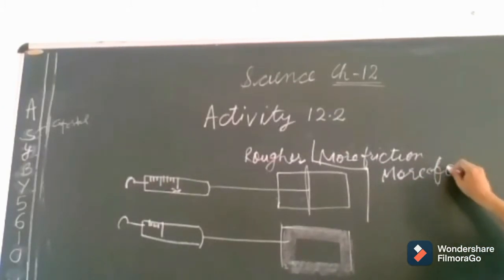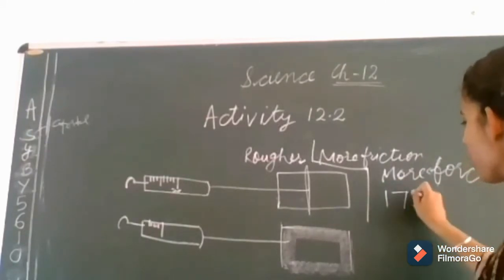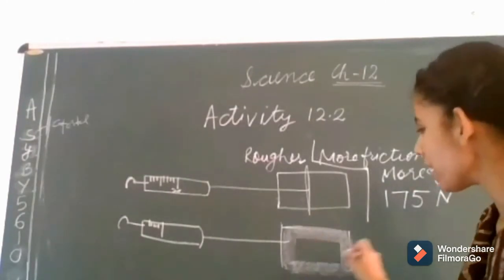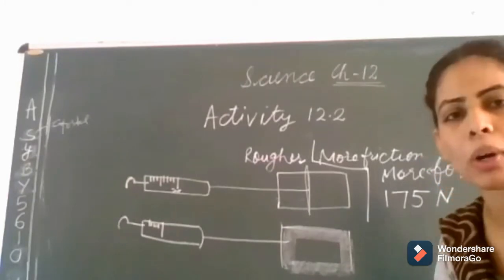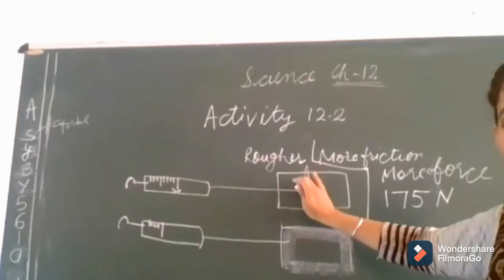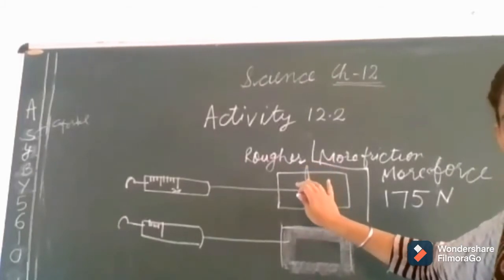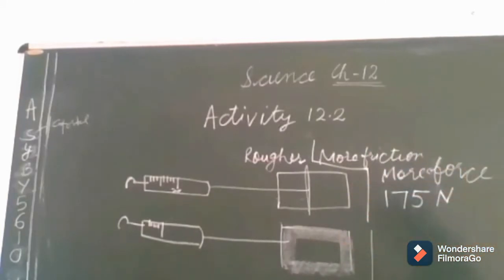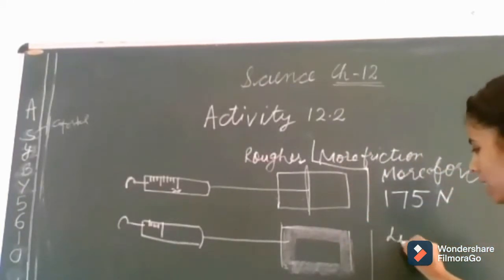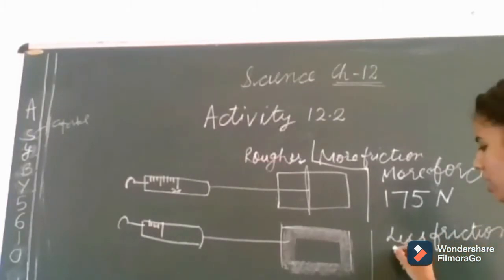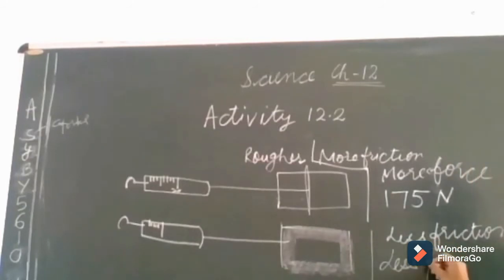So the reading will be high, or suppose that it is 175 Newton. But in the case when it is covered with smooth plastic or any polythene, it is smoother than this brick that is very rough. Now the roughness will decrease, so there will be less friction. If there is less friction, that means you have to apply less force.